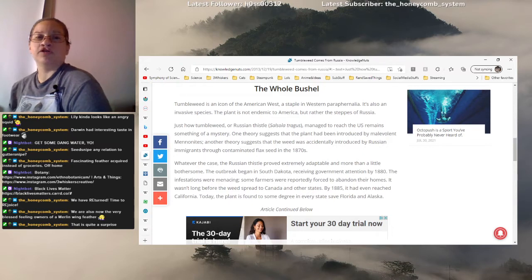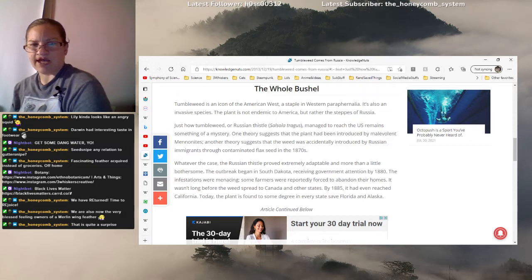Just how tumbleweed or Russian thistle managed to reach the U.S. remains something of a mystery. One theory suggests that the plant had been introduced by malevolent Mennonites. Another theory suggests that the weed was accidentally introduced by Russian immigrants through contaminated flaxseed in the 1870s. Whatever the case, the Russian thistle proved extremely adaptable and more than a little bothersome.